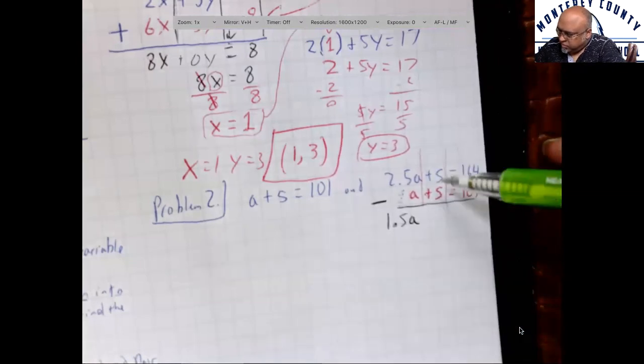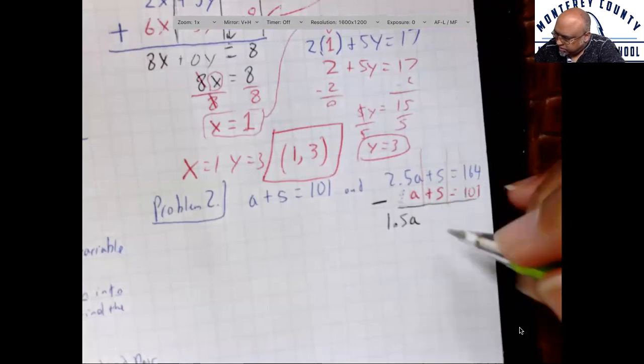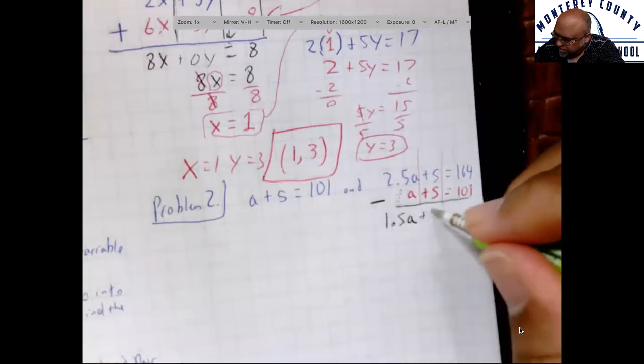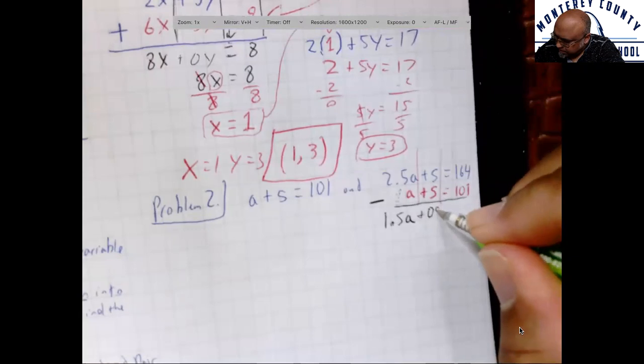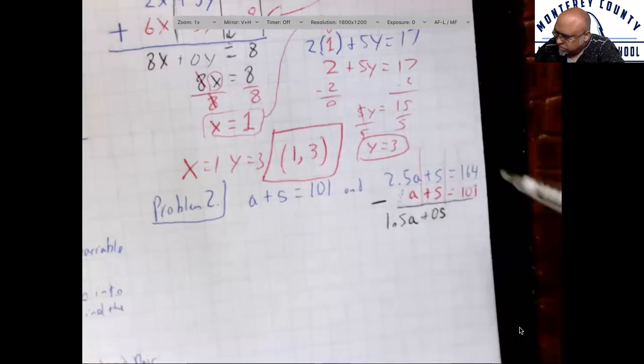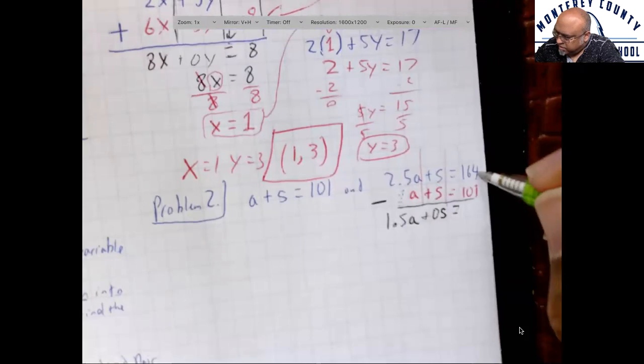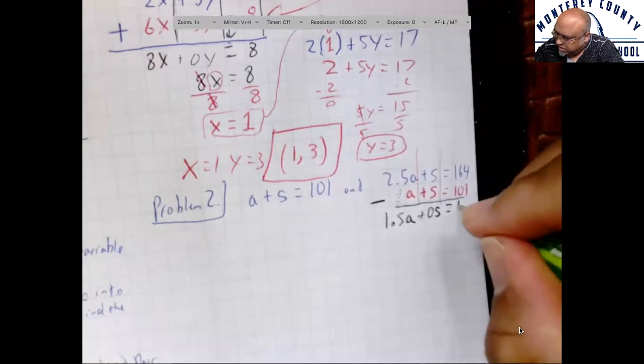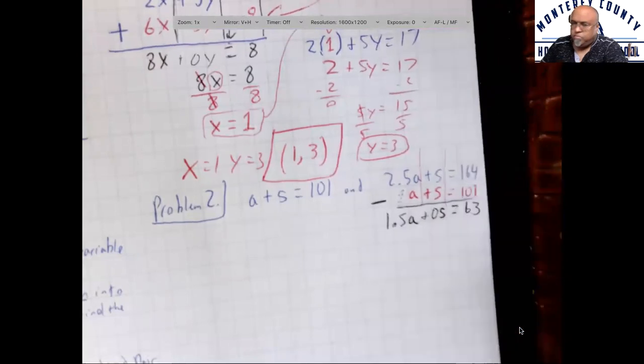Okay, 1s minus 1s would be 0s. Bring down the equal sign. 164 minus 101 would be 63.